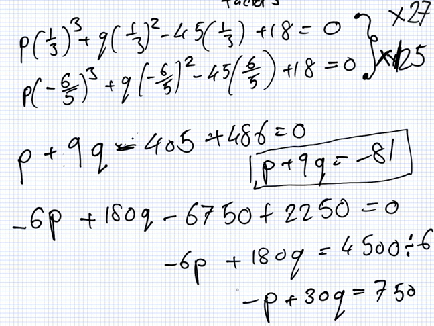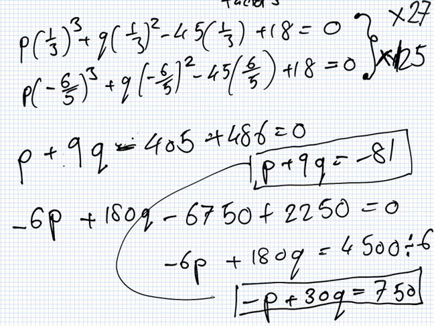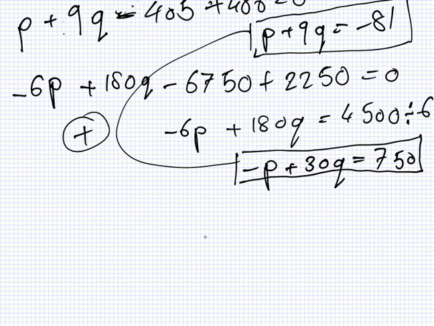Multiply by minus 1? No, it's okay, because I can just add these. So I would get 31q. Alright, hope this works. Equals 669. Here we go.